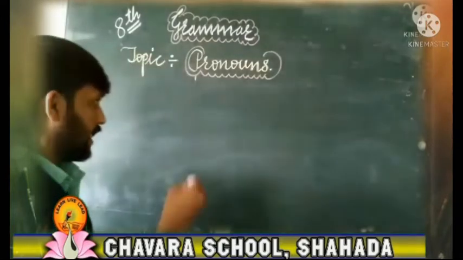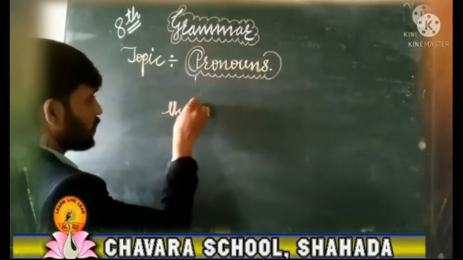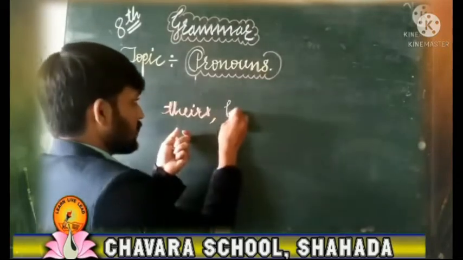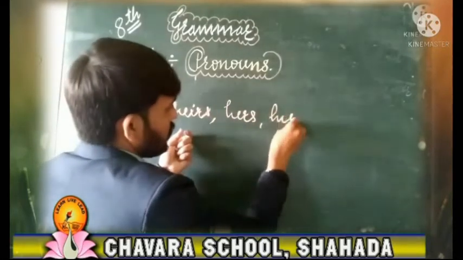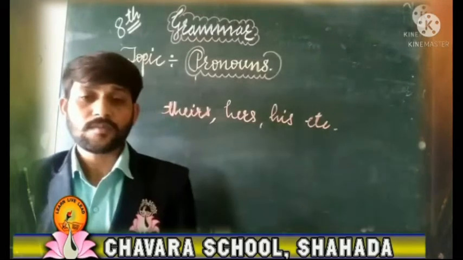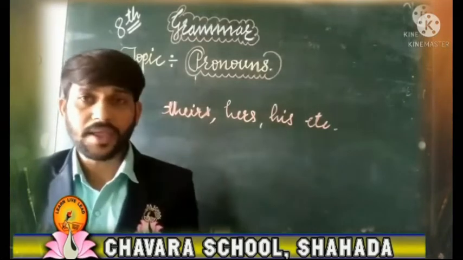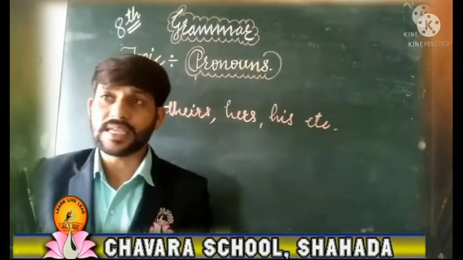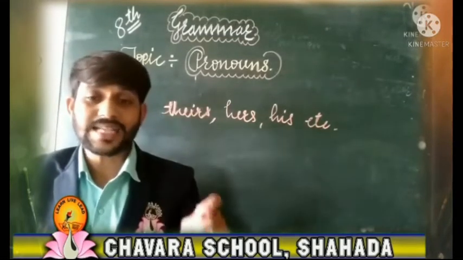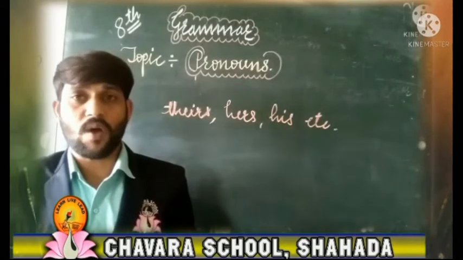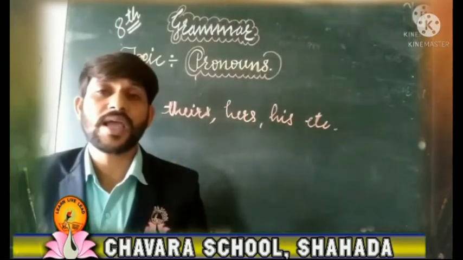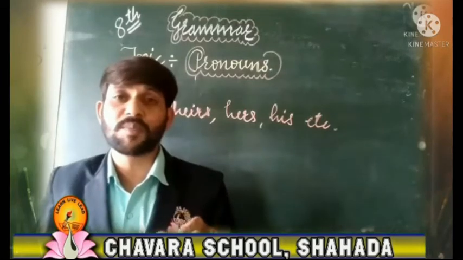For example, theirs, hers, his, etc. But my, our, your, his, its, their are possessive determiners, as they are always followed by nouns. This is a small note to be kept in mind.